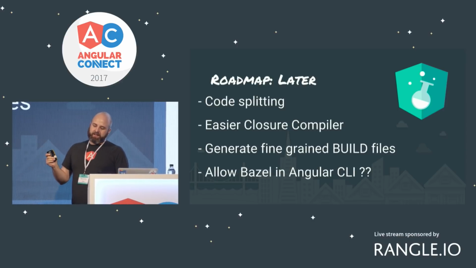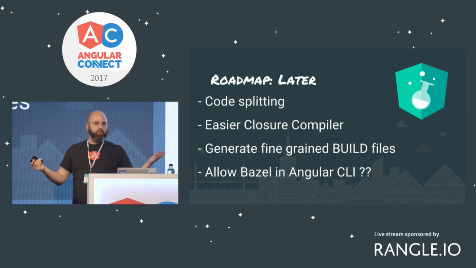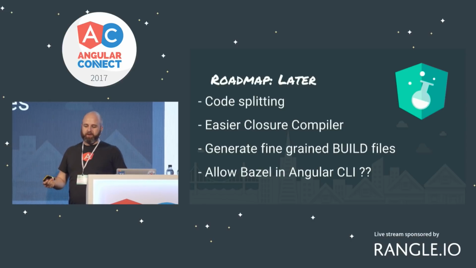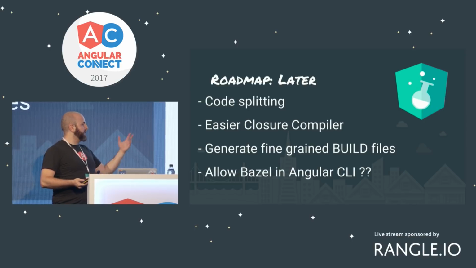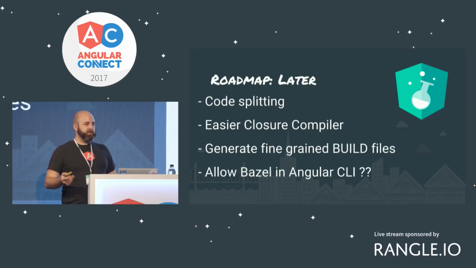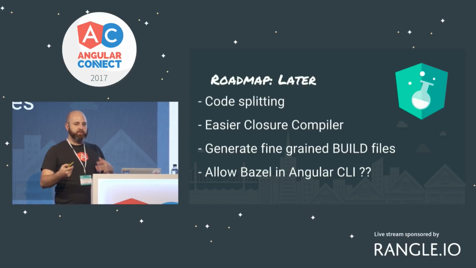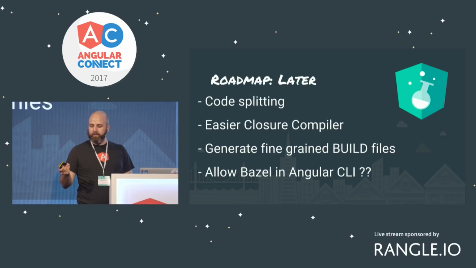The build file that you saw didn't look too terrible, but we can auto-generate those based on your TypeScript imports. We have some tooling in the pipeline to do that. And finally, expose it as an experimental option in the CLI, so you can bootstrap with it and start using it faster if you wish to do so.